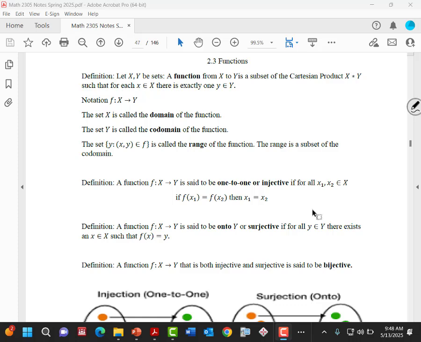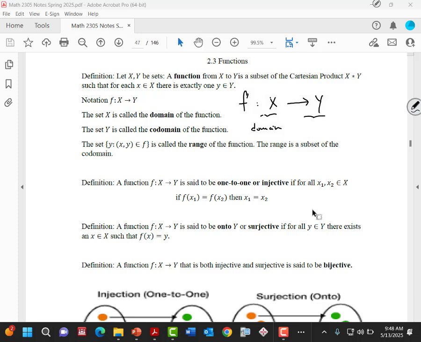And the way that we often notate this, at least in an abstract setting, we would often simply say, my function f is a mapping, and we'll see what that means in just a second on the next slide. But this first set X right here is what we're going to call the domain of my function.